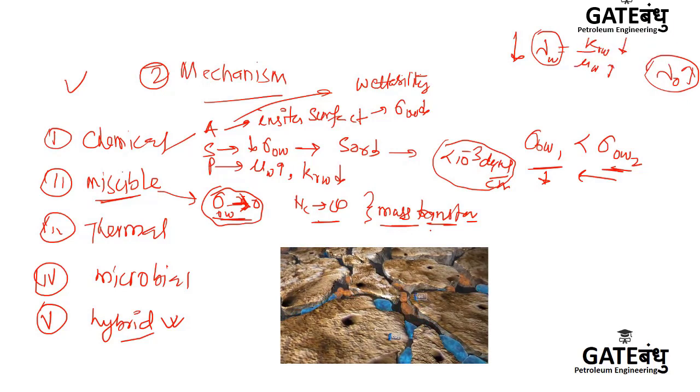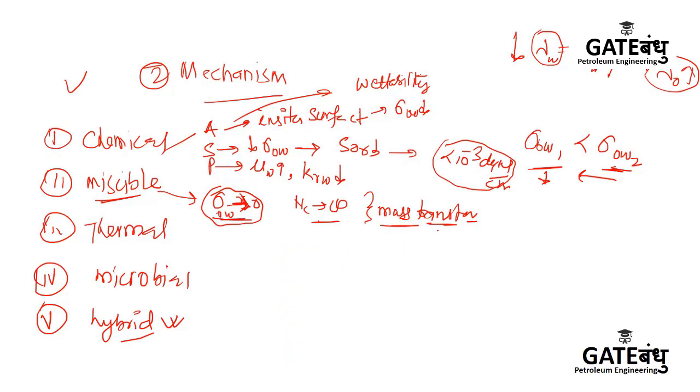And that could be achieved with different methods like CO2 injection. At higher pressure, CO2 acts like a miscible. Or CH4 is injected, enriched gas is injected like C2, C3, C4, or something else like nitrogen is injected.